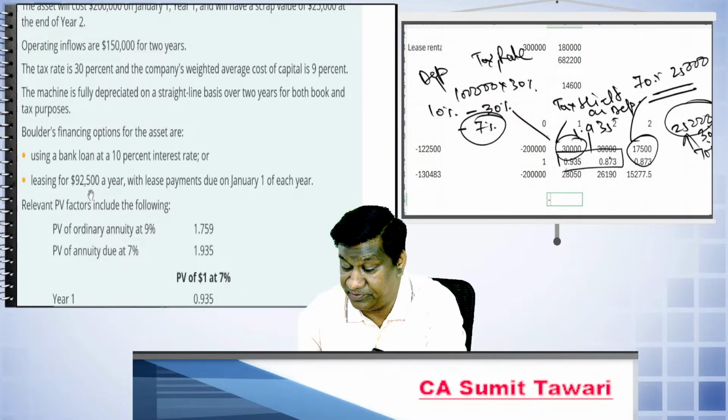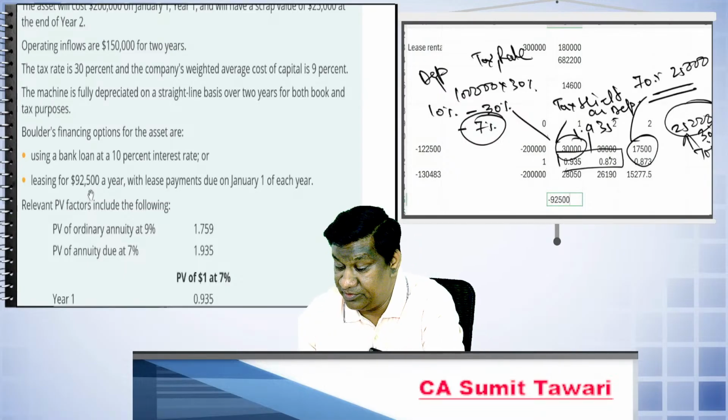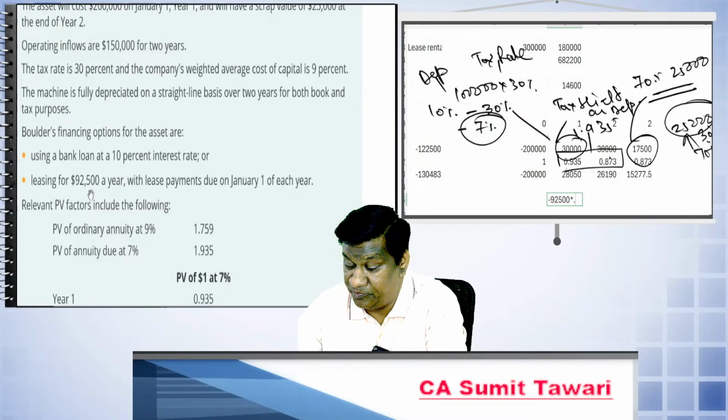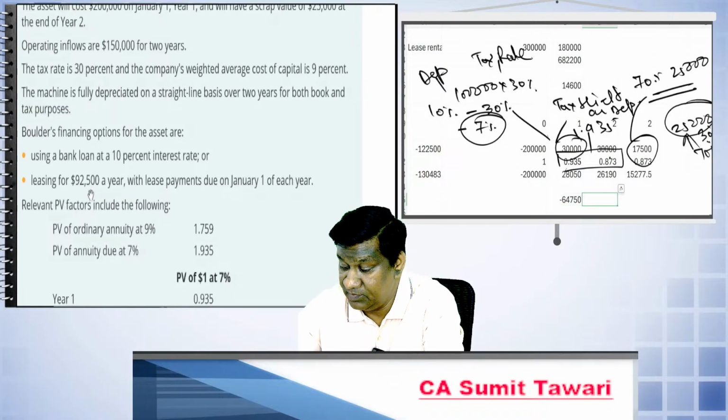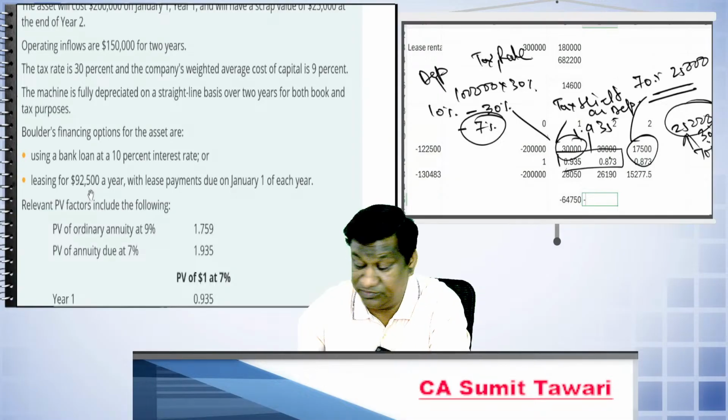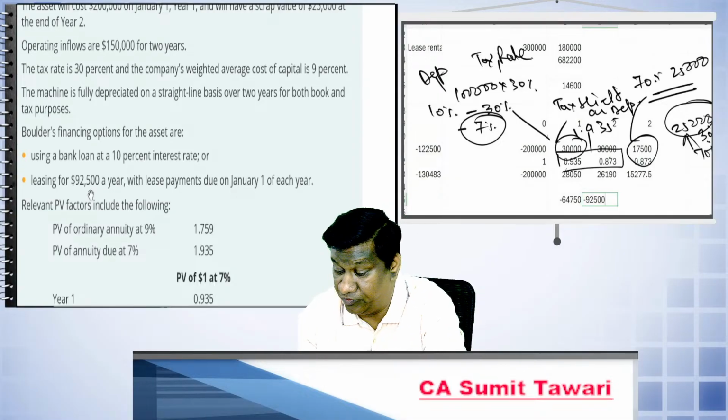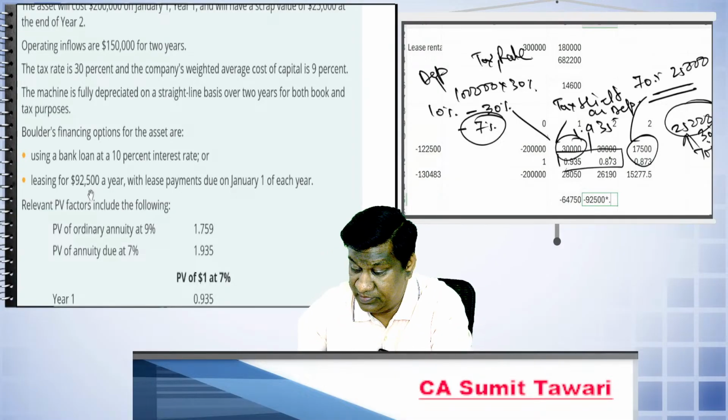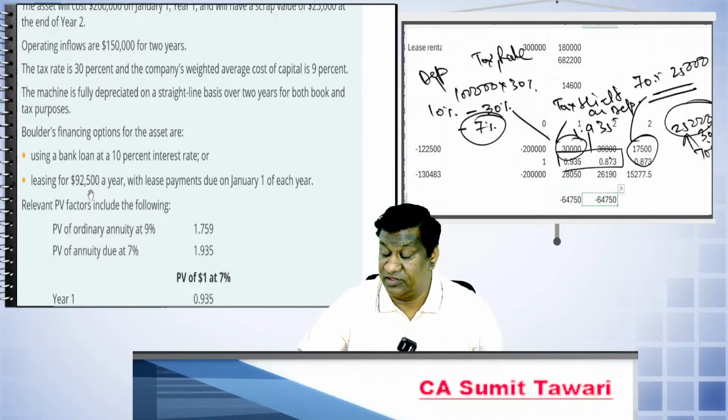There is no question of depreciation, multiplied by 0.7 because I'm getting a tax benefit. And why I'm doing a minus? Because every year it is an outflow. Clear with this? How I calculated 64,500? 92,500 is my lease.